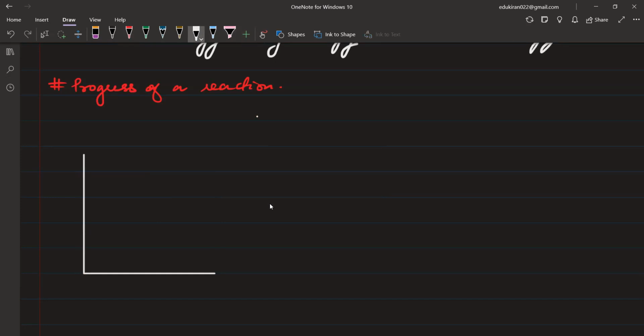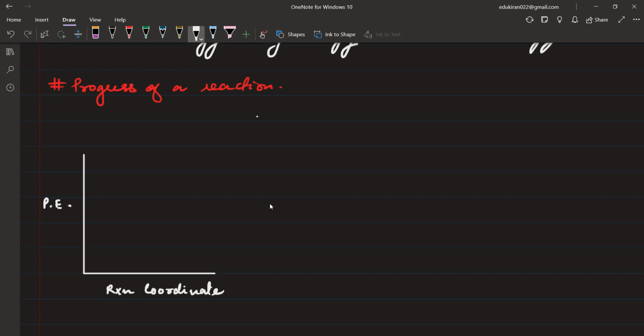This is the reaction coordinate, or the progress of reaction is here, and here we have the potential energy. Now, there are two cases in which we'll be dealing with progress of reaction. Let us look at the first case.